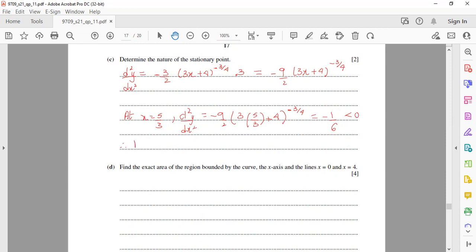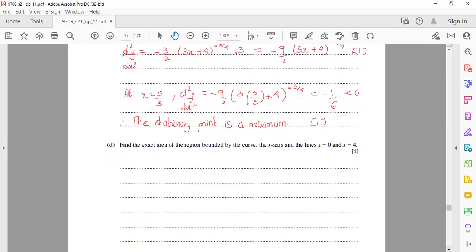So therefore, the stationary point is a maximum point. Okay, so here you get 1 mark for correctly differentiating dy by dx, and 1 mark for correctly stating that it is a maximum point.